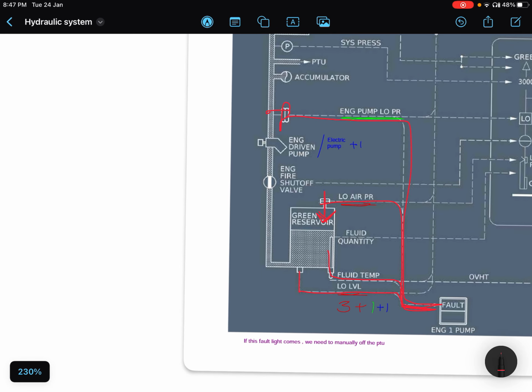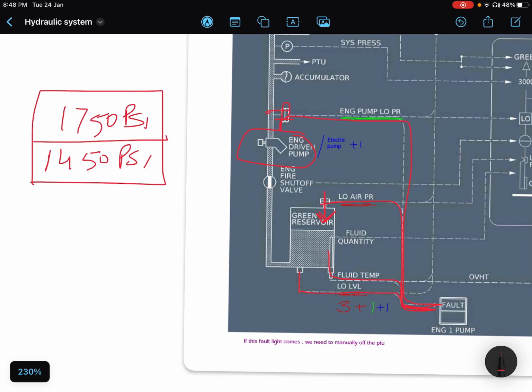If it's an engine driven pump, then if the pressure drops down to 750 psi, it shows low pressure. It's an engine driven pump only, but in case of electric pump, if it drops down to 1450 psi, then it is considered that its pressure is low, right?